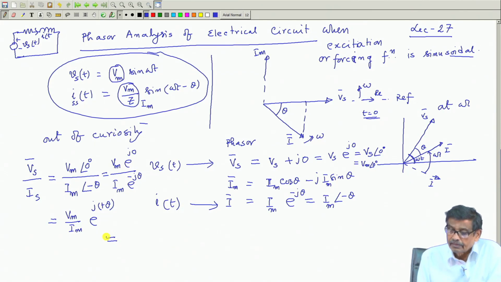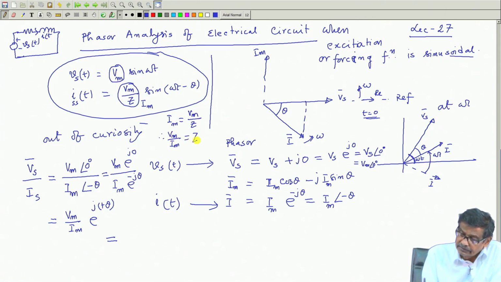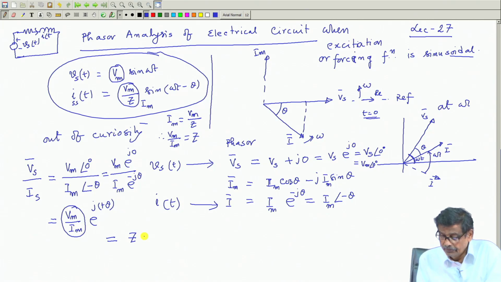Now, what is V m by I m? I m is equal to V m by Z. Therefore, V m by I m is equal to Z. So, this quantity is Z into e to the power j theta.